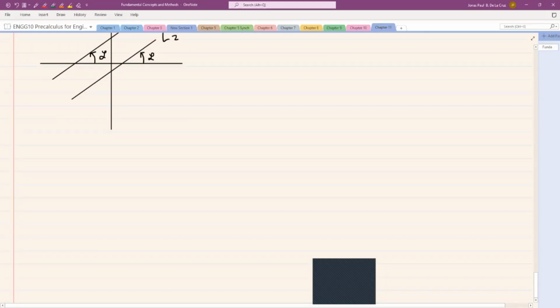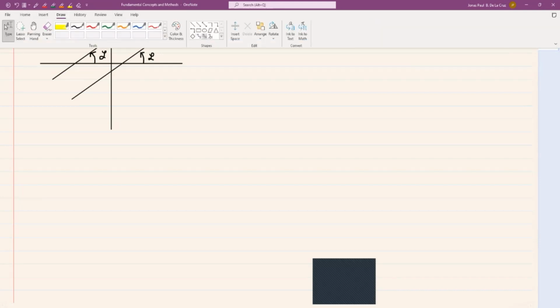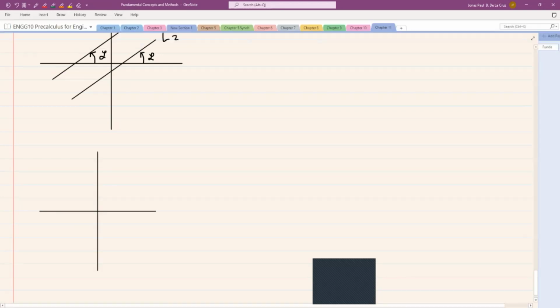Perpendicular lines naman are those lines na kapag nag-intersect, may 90 degree yung kanilang angle of intersection. Okay?